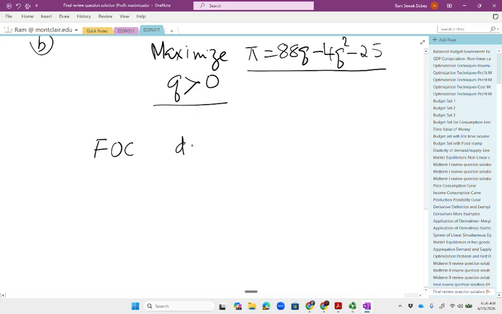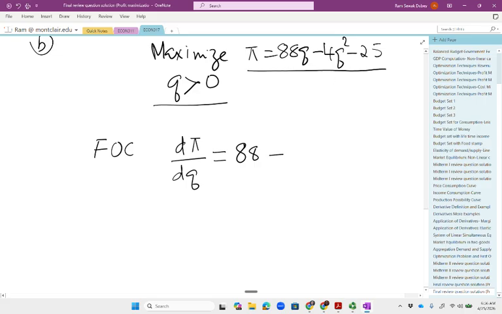the derivative of the profit with respect to Q. So the derivative of 88 times Q is 88. I have a negative, so minus.